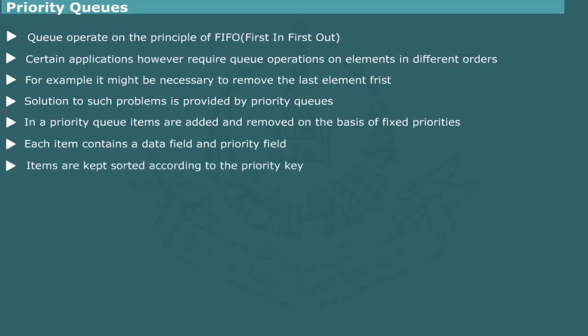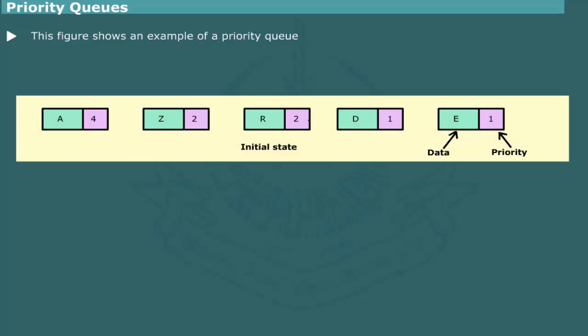The items within the queue structure are kept sorted according to the priority key. This figure shows an example of a priority queue. In the example, the queue consists of letters E, T, R, Z, and A with the priorities 1, 1, 2, 2, and 4 respectively.